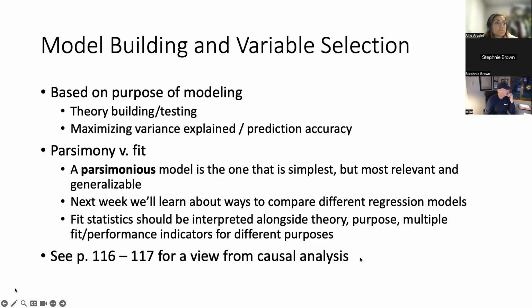Another view is in the book. We don't talk about causal models much in this course. That's really much more of an epi thing, but very, very important, especially in health data, if we can't do a randomized control trial, to be able to try to get causal explanations from observational data.